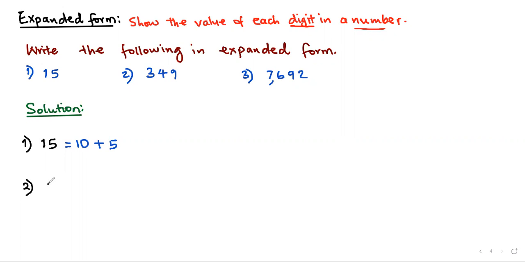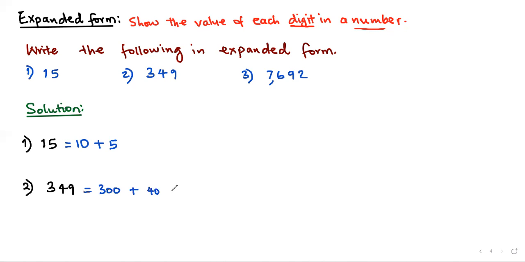Number 2, we have 349 in expanded form. What is the value of 3 in this number? 300. Plus, what is the value of 4? 40.